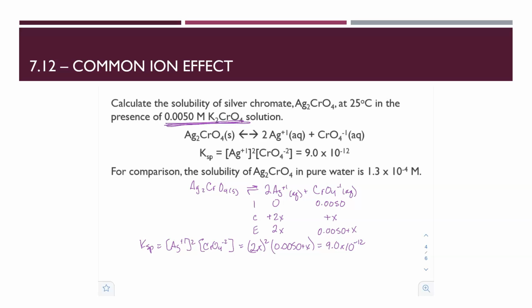So we can simplify this a little bit by acknowledging that our silver chromate is very non-soluble, and so this change in concentration of chromate ion is going to be essentially 0.